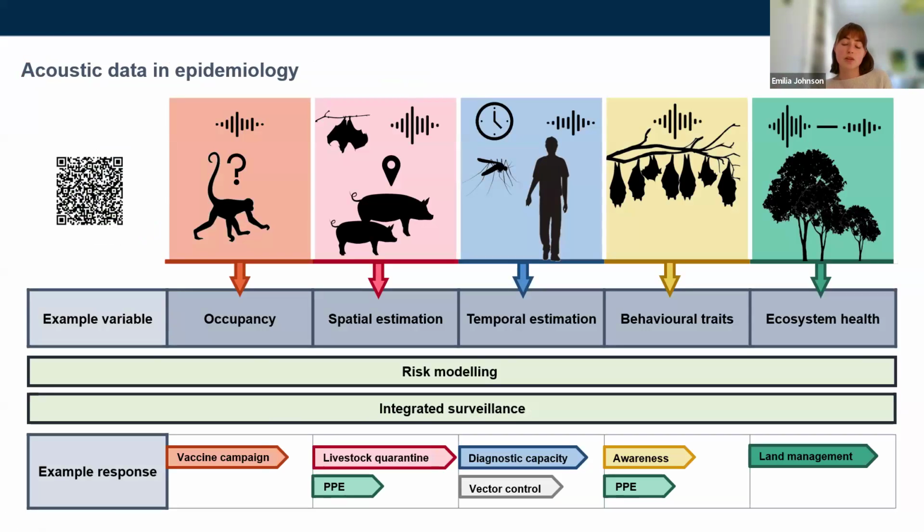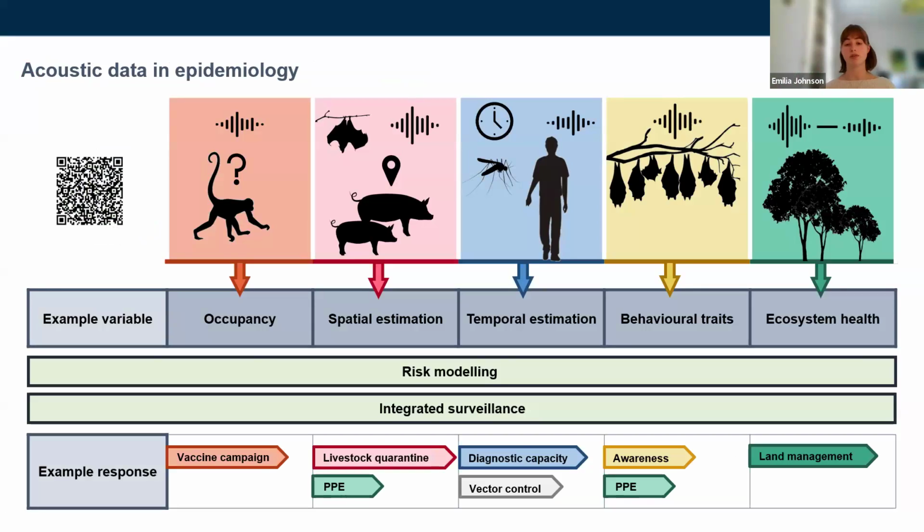So this is the key figure from the paper. The paper was designed mainly for epidemiologists, to start thinking about how passive acoustic monitoring could be integrated into infectious disease monitoring and surveillance systems.